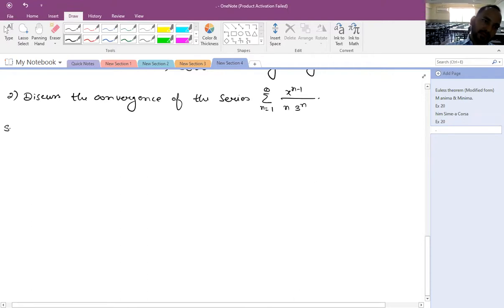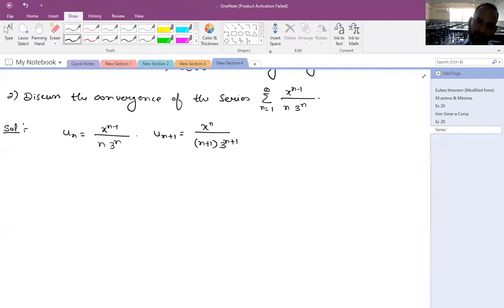Now in this, my nth term is x raised to n minus 1 upon n into 3 raised to n. And the n plus 1th term is x raised to n upon n plus 1 into 3 raised to n plus 1.